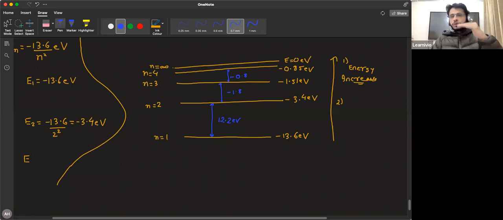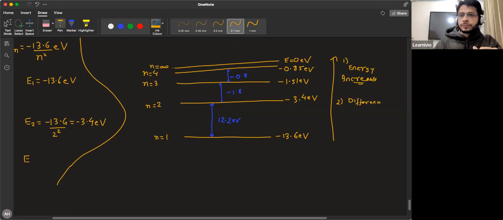So when you go to a higher energy level, the difference between two consecutive energy levels decreases. As you go higher, it keeps on decreasing.